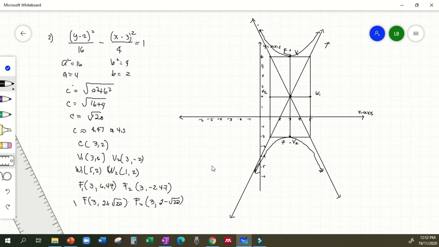So, yung asymptote naman, so, diretso na natin sa asymptote. So, y equals, so, ang asymptote natin ay y minus k equals, so, ang hyperbola natin ay opens upward and downward.